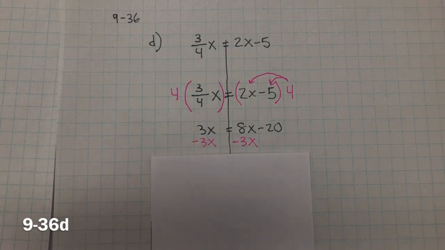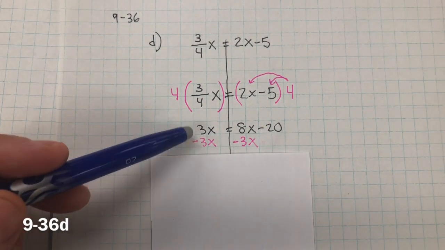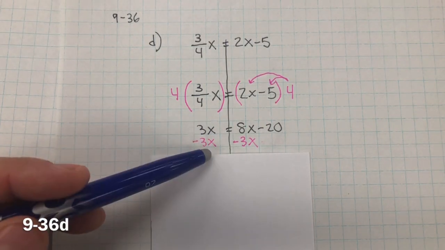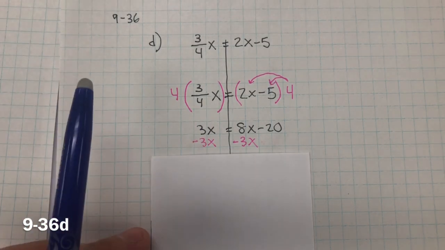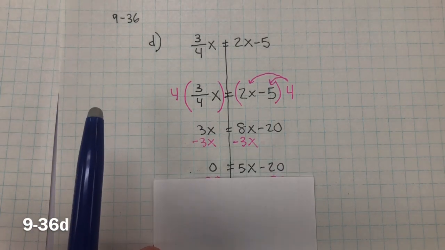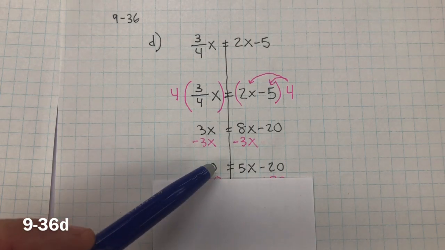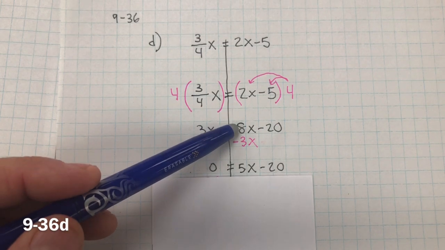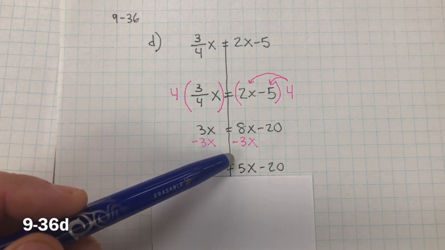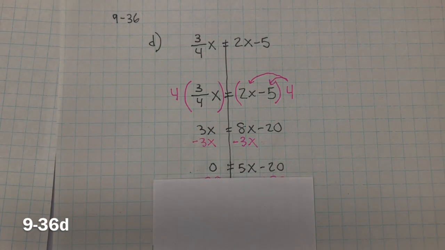And when I do that, I have 3x minus 3x. That eliminates, but it doesn't mean that there's nothing there. I have to put a value there of 0. So as a placeholder, don't just leave it blank. And then 8x minus 3x equals 5x.